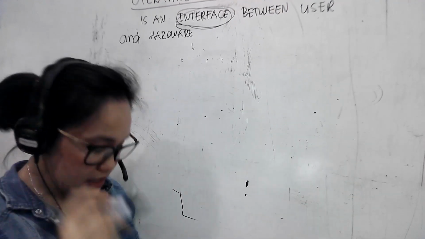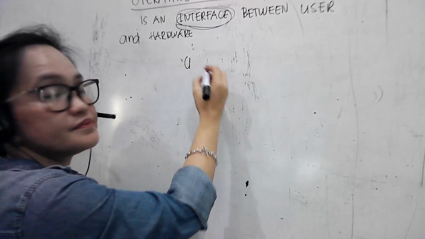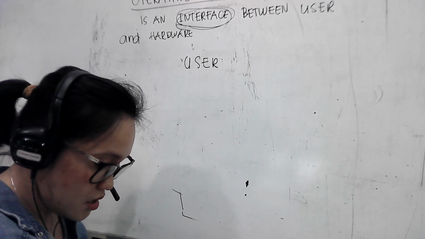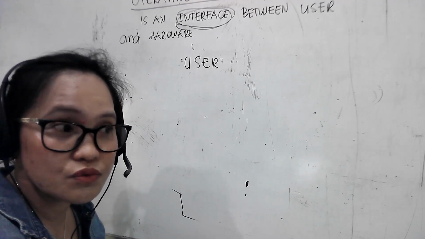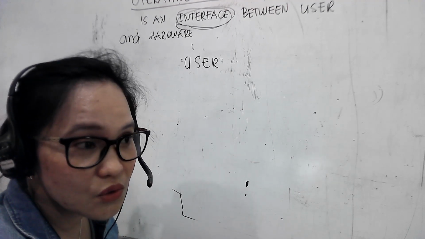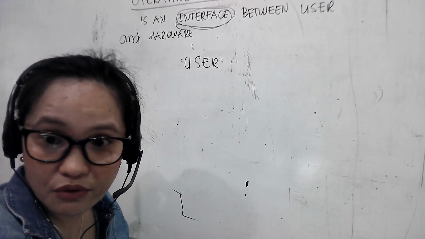So another example. Let's say a user wants to program, using Turbo C++, wants to have a result or output of hello world.